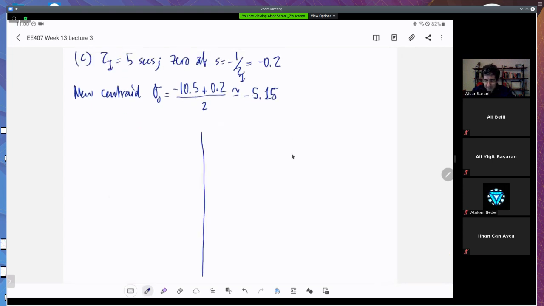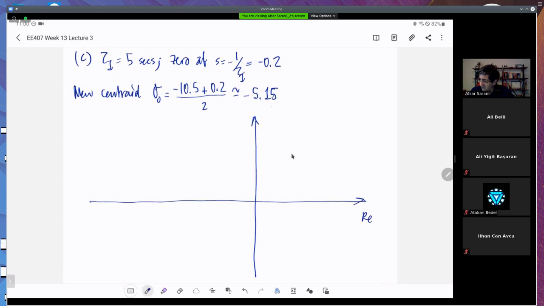Okay. So let me draw this somewhat over here. Real and imaginary axes. Our pole over here, our pole at minus 0.5. Now I have a 0 at minus 0.2, and I have another pole at minus 10.